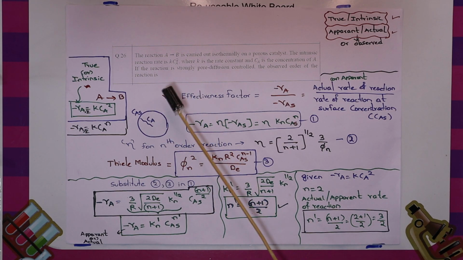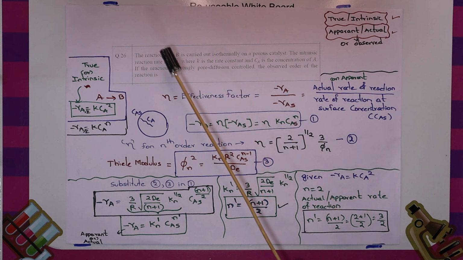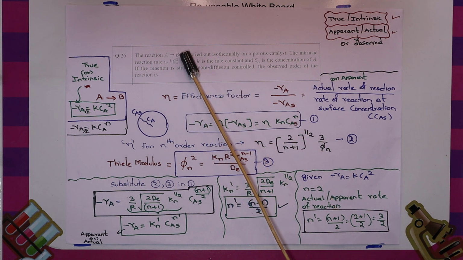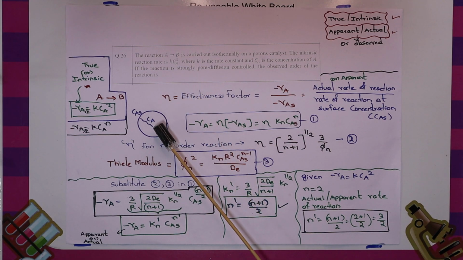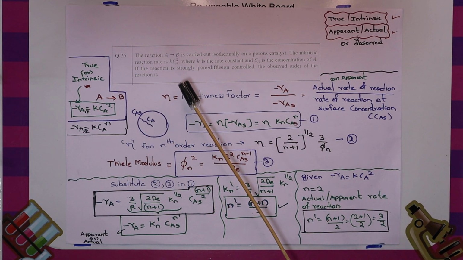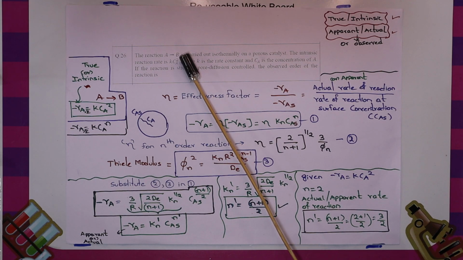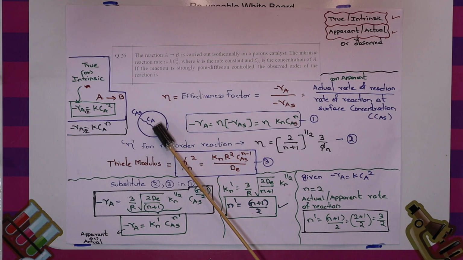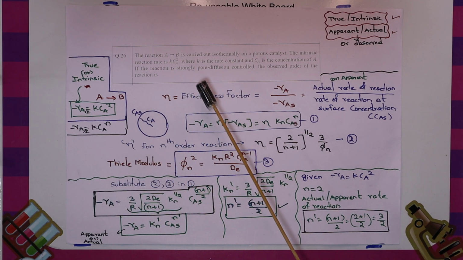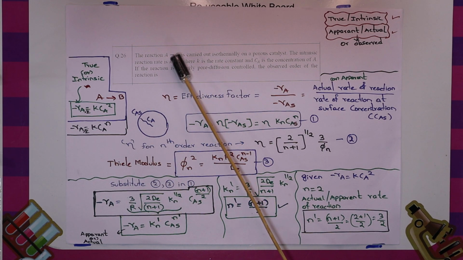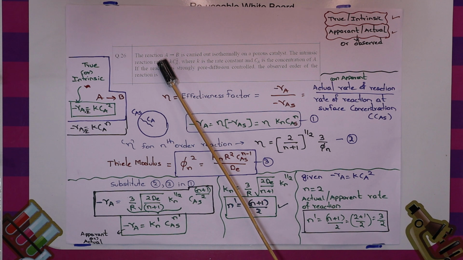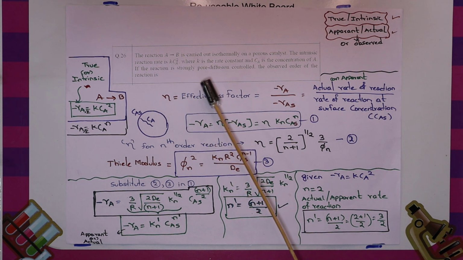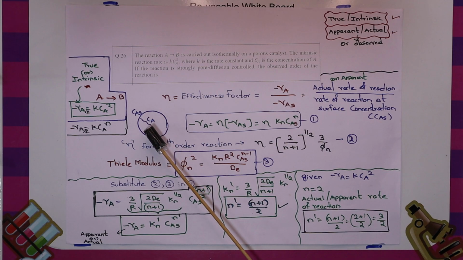But in reality, the kinetics that the reaction is supposed to follow will not happen in the catalyst, because it is pore diffusion controlled. In such cases, compared to the reaction A gives rise to B, let us assume it is an nth order reaction. Then what is the actual order of the reaction happening inside the catalyst?